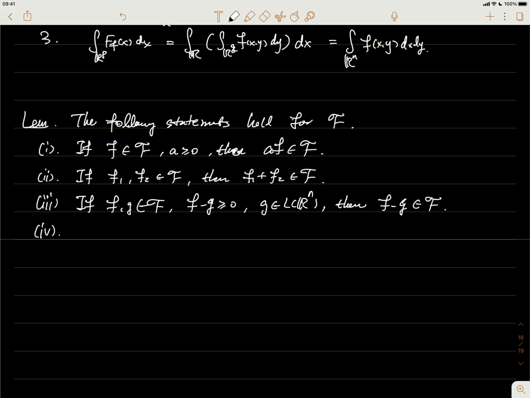If the difference is non-negative and g is integrable. And the last one is that if we have a sequence of functions fk, each one of them in F, and fk is non-decreasing and converges to f, then we can show that the limit function f is also in this set.